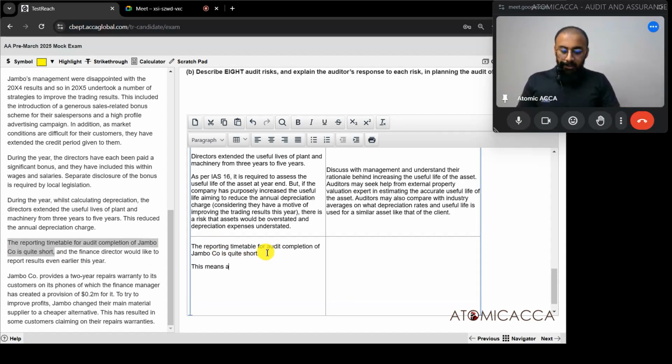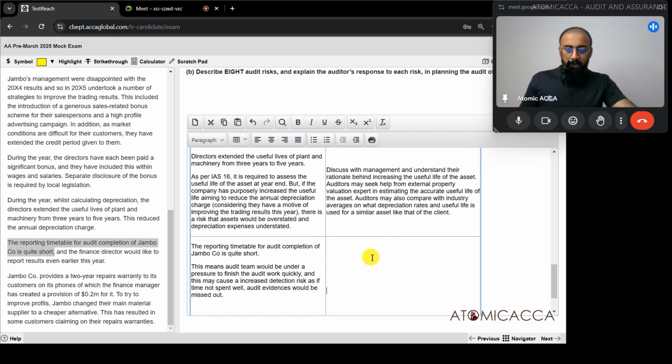This means the audit team would be under pressure to finish the audit work quickly, and this may cause an increased detection risk, as if time is not spent well, audit evidence would be missed out. So one mark over here.